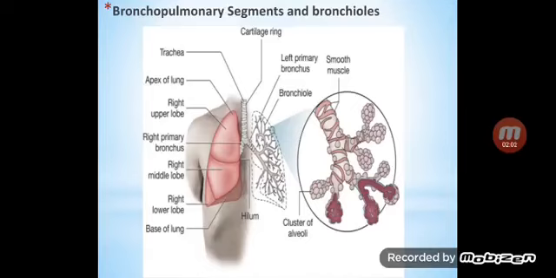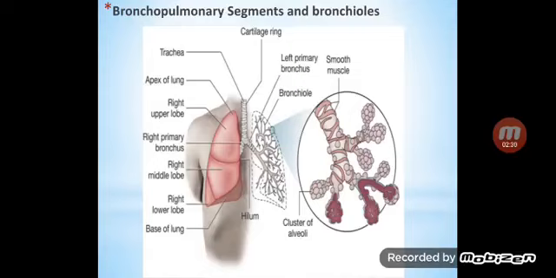So these secondary bronchi, when they enter more into the lobes of the lung, will undergo further divisions. The primary will be divided into secondary bronchi, which divide more to give the segmental or tertiary bronchus.